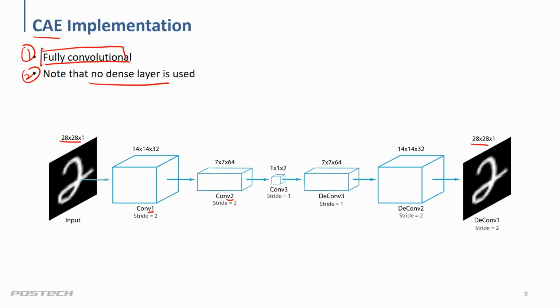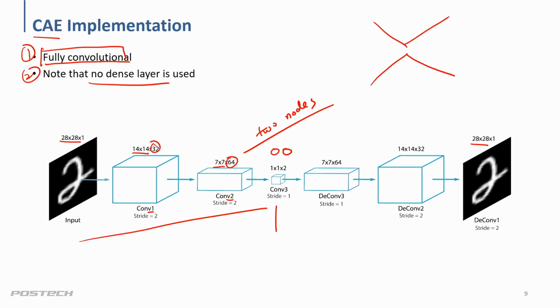Up to this point, it's the same as the convolutions. We have 14 by 14 with 32 channels, and 7 by 7 with 64 channels at the end, because now I want this to be like 2 nodes. Remember in AE structures, I use two hidden states as a latent space.